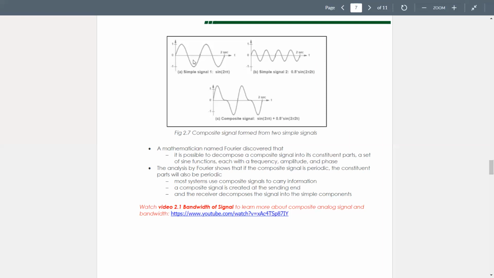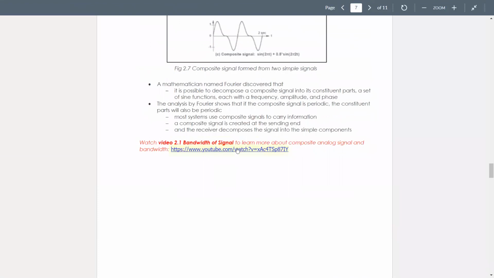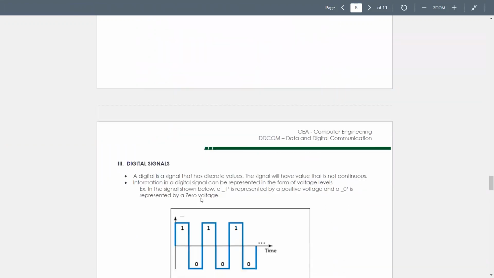Aside from that, computers are digital while real-world data is analog, so in order for your computer to read and output data, we have to do something, and this is one. We have to create a composite signal, which is the combination of those combined signals. We also have the bandwidth of the signals; please watch this to have a good idea of what bandwidth is.